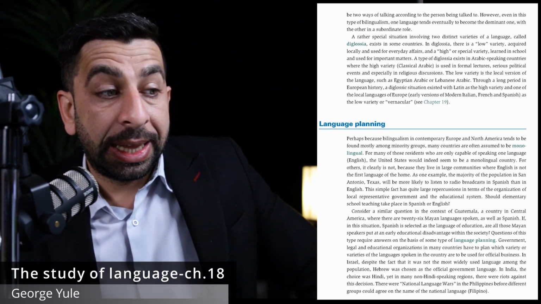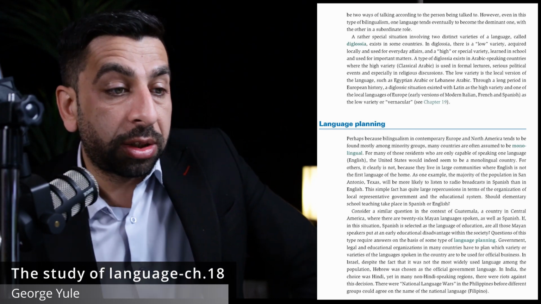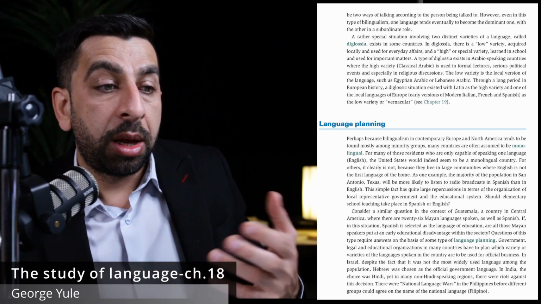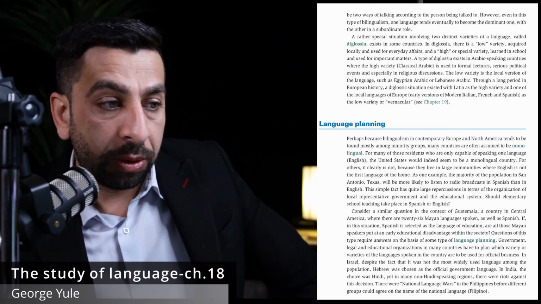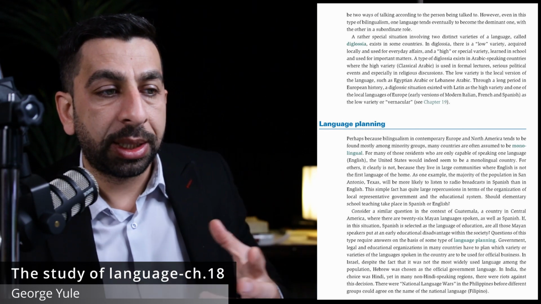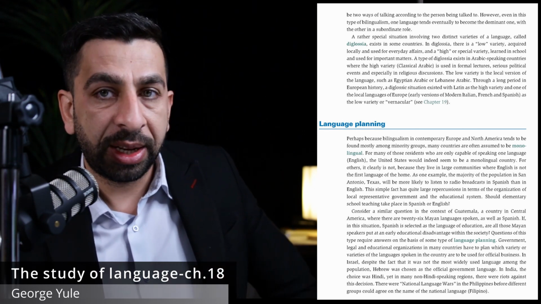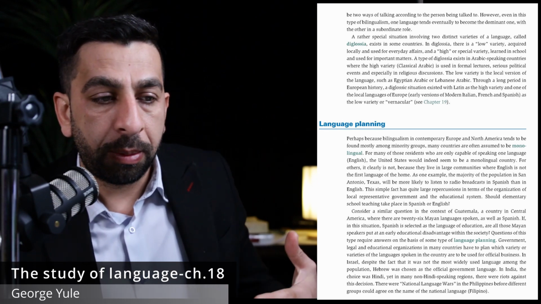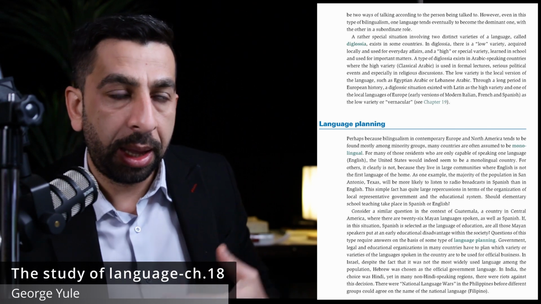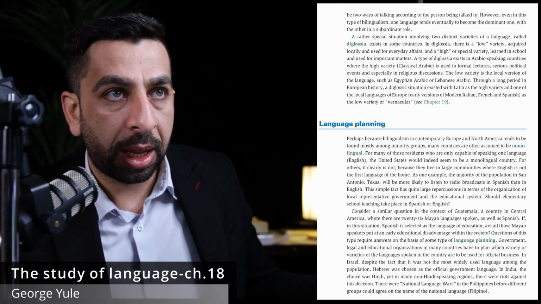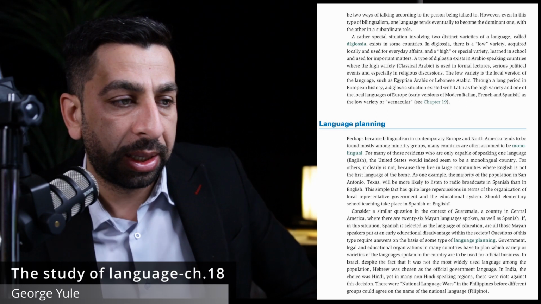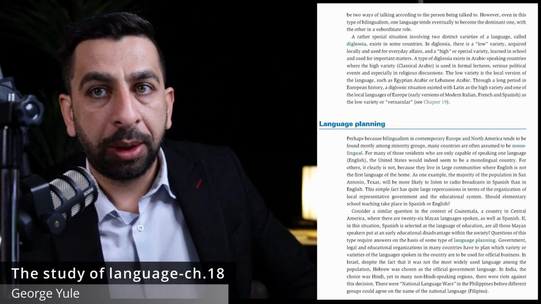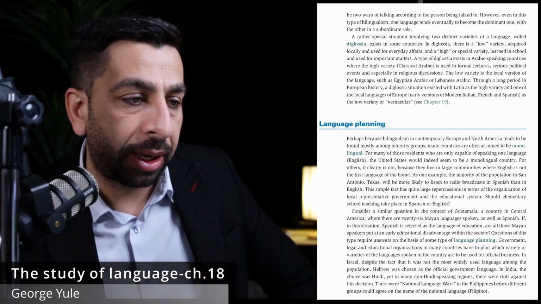For others, it's clearly not, because they live in large communities where English is not the first language, of whom, as an example, the majority of the population in San Antonio in Texas will be more likely to listen to radio broadcasts in Spanish than in English. Texas was part of Mexico, and so were New Mexico and California, Mexican provinces that the United States took and made part of the United States. A bilingual person can speak both languages with the same proficiency, no problem.